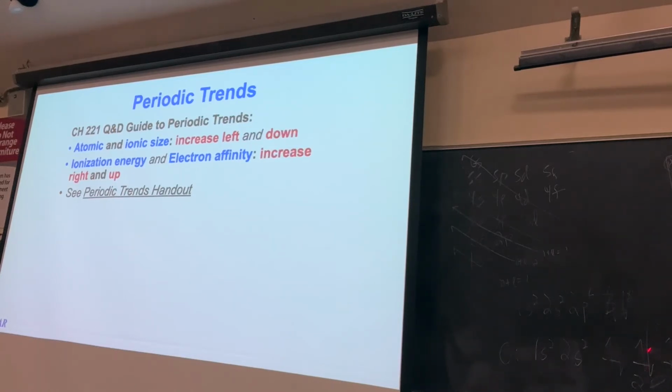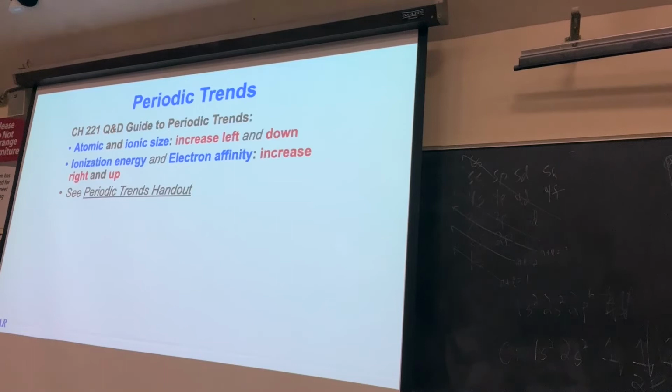Now, I'm also going to, on the slide here, put a third term, which is electronegativity. Electronegativity is something that several of you talked about in your presentations last Wednesday, which were awesome, by the way. Electronegativity is another way to gauge how much an atom wants an electron. So for electronegativity, which I probably won't mention again, electron affinity and ionization energy, those will all increase up and to the right.